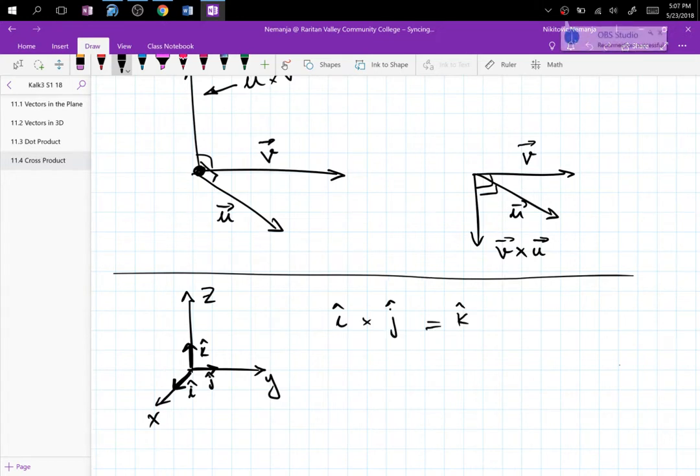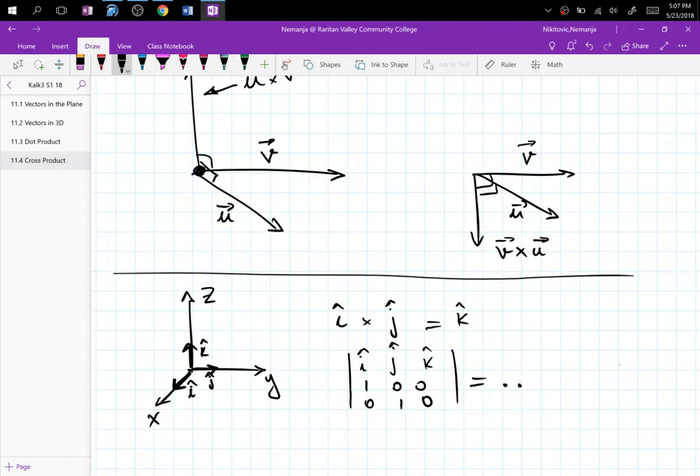So if you do the cross product, you have vector i to be 1, 0, 0, and vector j to be 0, 1, 0, and work goes here. Your answer will be 0, 0, 1, which is the k vector.